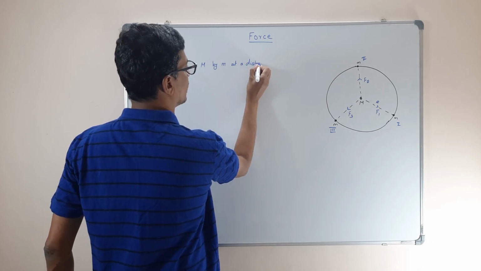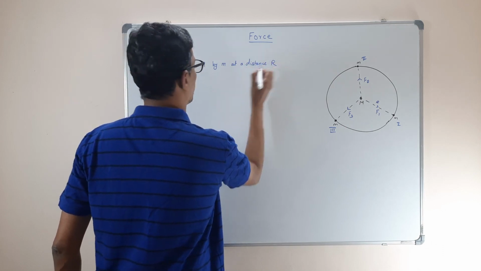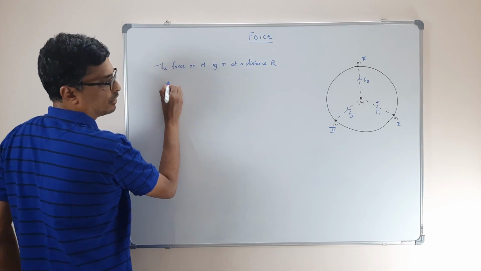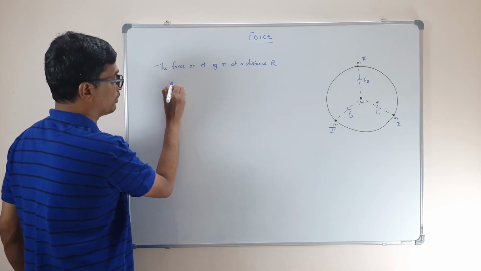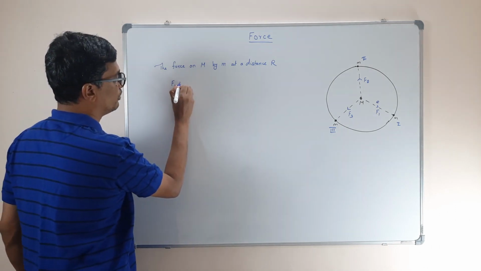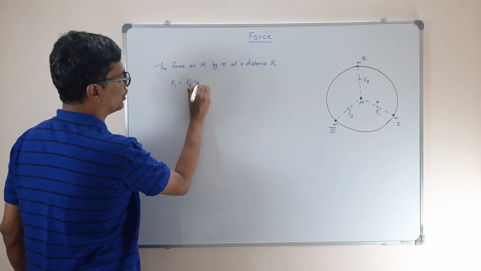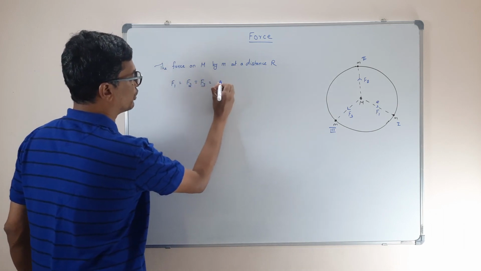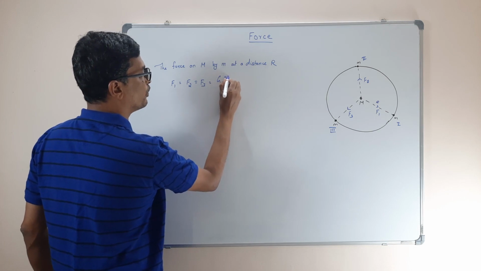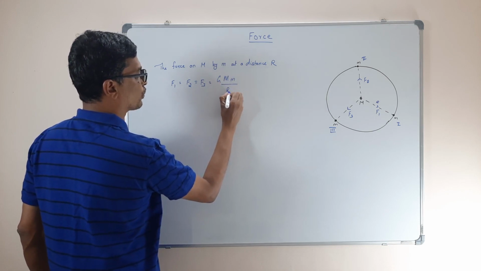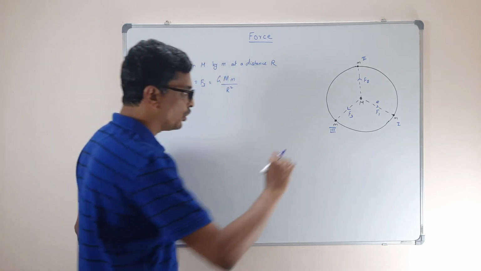R. All forces are the same. The distances are the same, the masses are the same. F1 will be equal to F2, equal to F3, and that will be equal to GMM by R square.